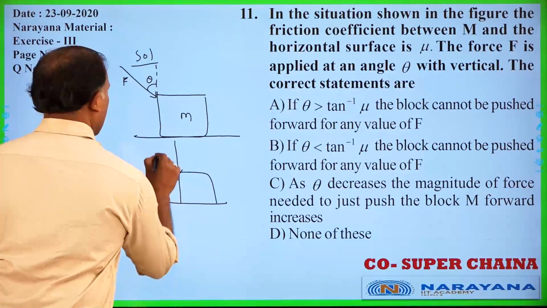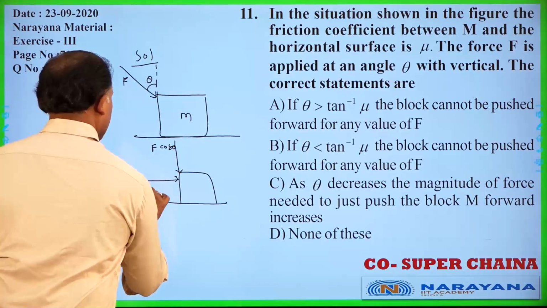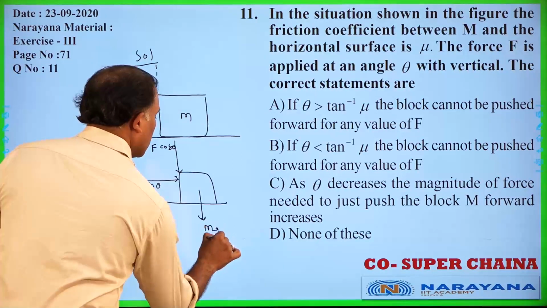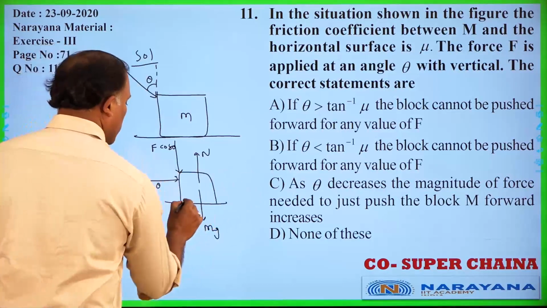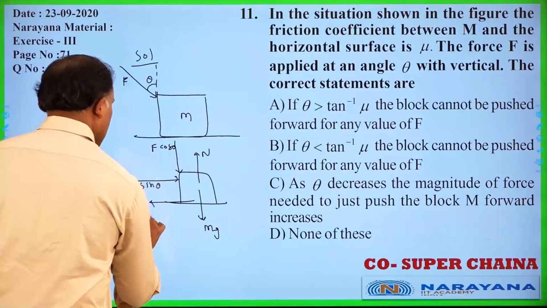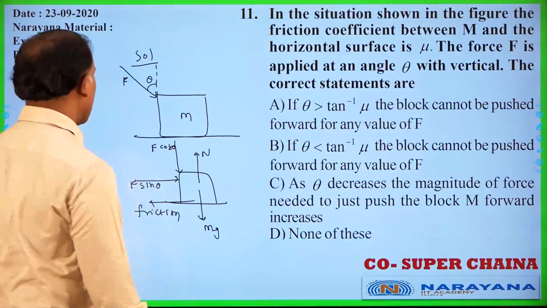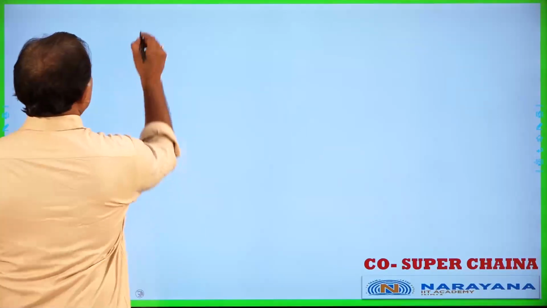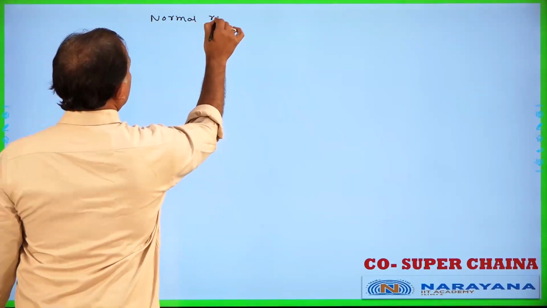Here it is F cos theta like this, and here it is F sin theta, and here it is mg, and here it is normal reaction. As F sin theta is trying to pull this one, the friction will be this side. And now let me first find what is the normal reaction there, and then I can go for friction. So normal reaction.